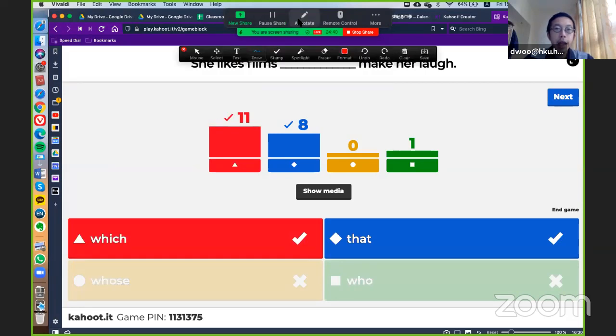Which and that are also relative pronouns, and both are correct. Because this is a non-defining relative clause.